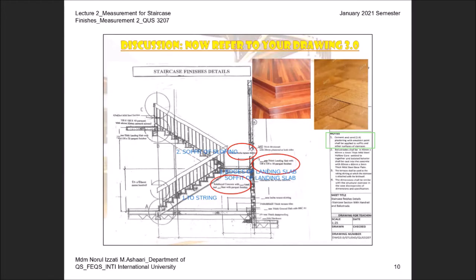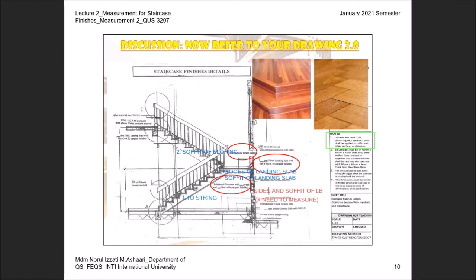Side and soffit of landing beam. Okay, if you look at here, there is a brick wall underneath. So when there is a brick wall, you don't have to measure, because the brick wall and the landing slab at the side of this one will be covered under wall finishes. They will do one straight measurement.